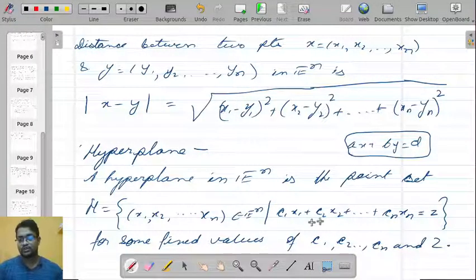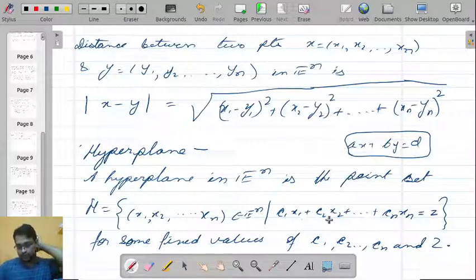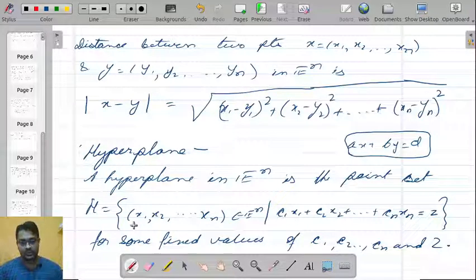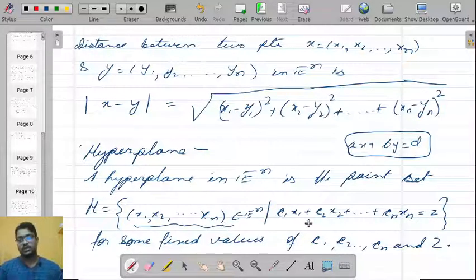Here the coefficients are fixed, and this constant term is also fixed. So a hyperplane in E to the power n is the set of all points (x1, x2, up to xn) in E to the power n which satisfy this.